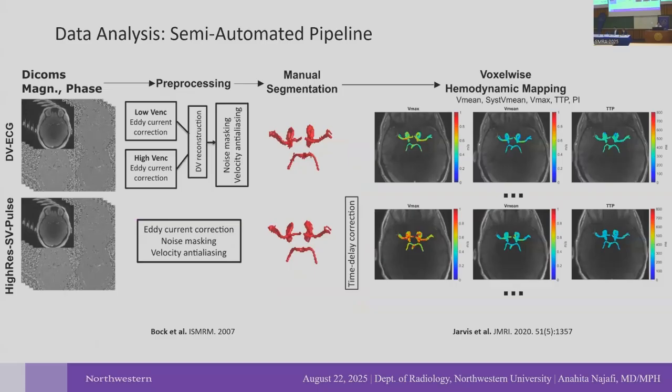And this is the semi-automated quantification pipeline. The data went through the standard pre-processing steps and manual segmentation. Because of the pulse gating in the high-res SV pulse sequence, we did automated time delay correction, and a voxel-wise hemodynamic mapping quantified the hemodynamic parameters.